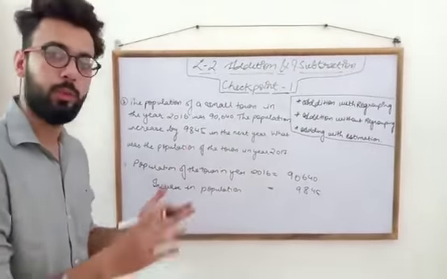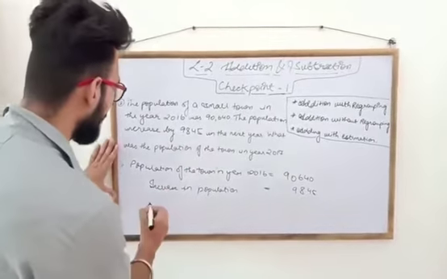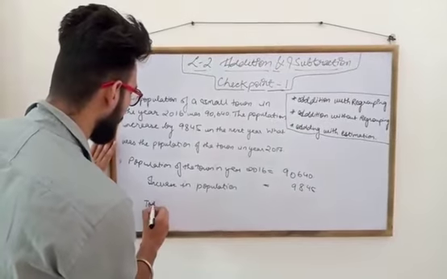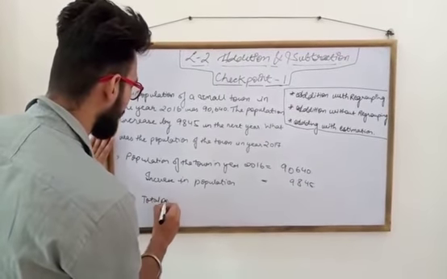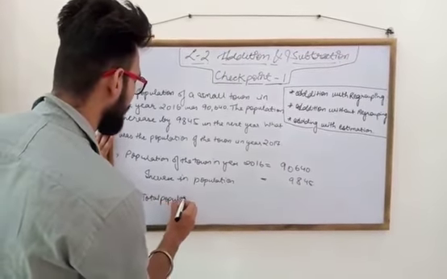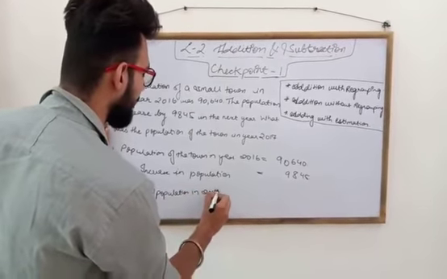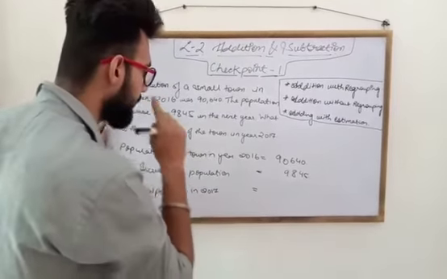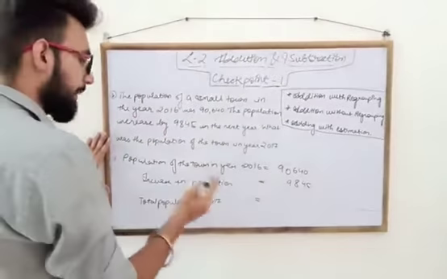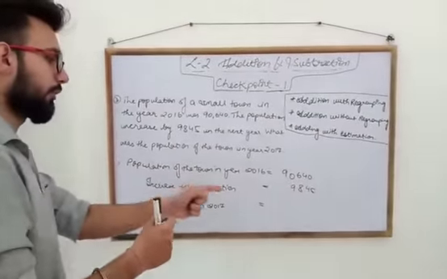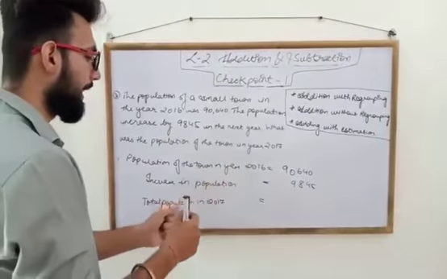So we need to find out the total population left. Okay, so total population in 2017 is equal to the sum of population in year 2016 and increasing population.